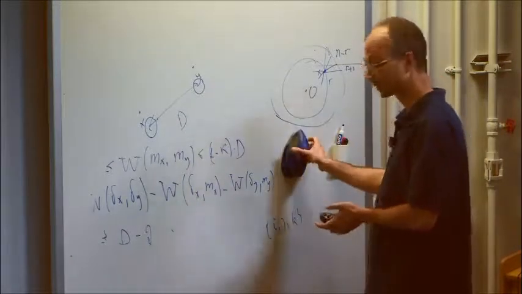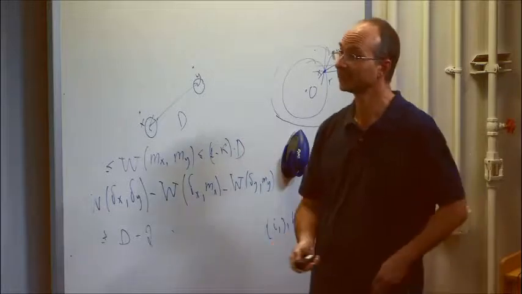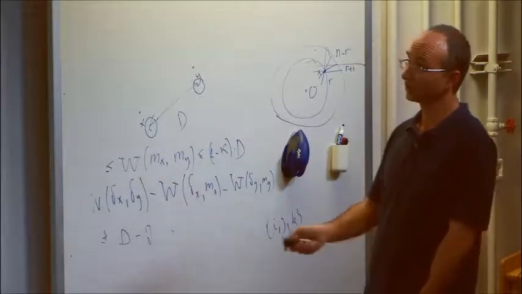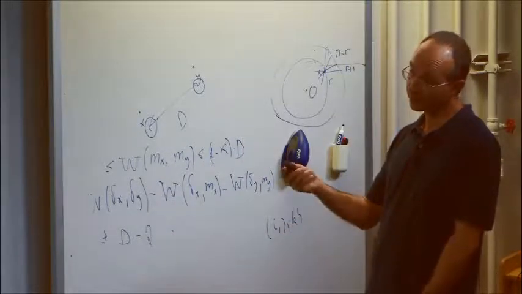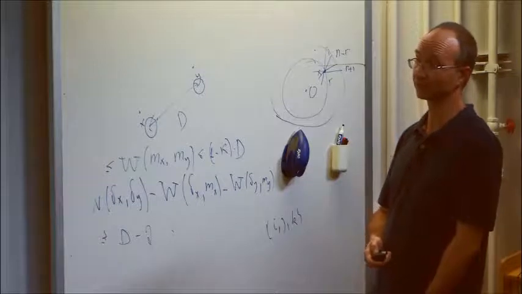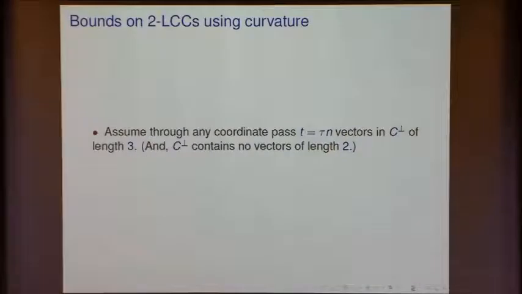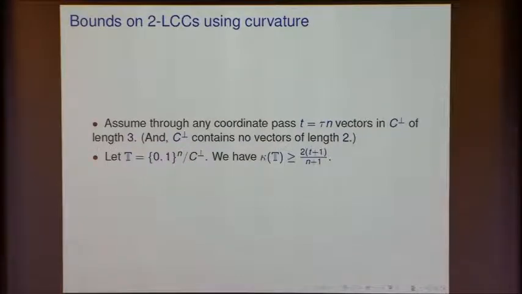Great. So how are we going to use it? Here's a proof. Recall this claim of Ben-Sasson and Viderman: through any coordinate pass that many vectors of length 3. Consider the torus. The curvature is at least (2t plus 1) divided by (n plus 1), as we have noticed.